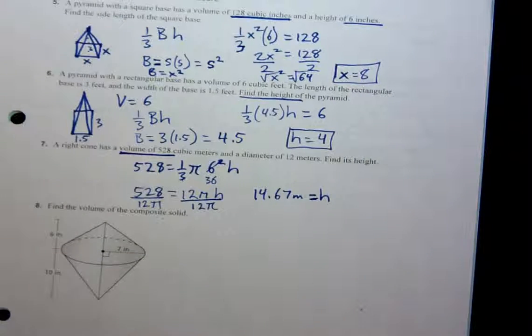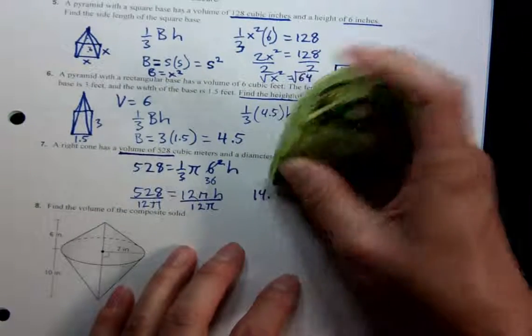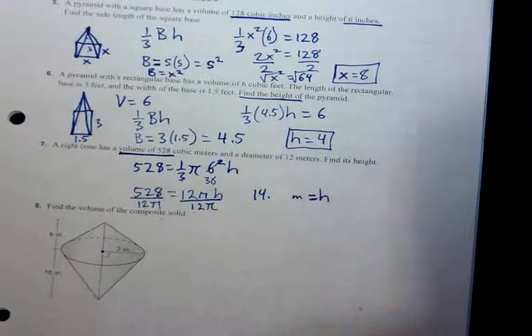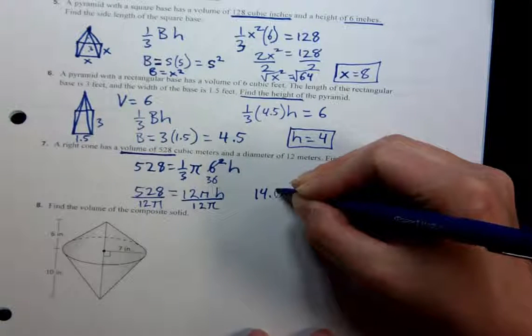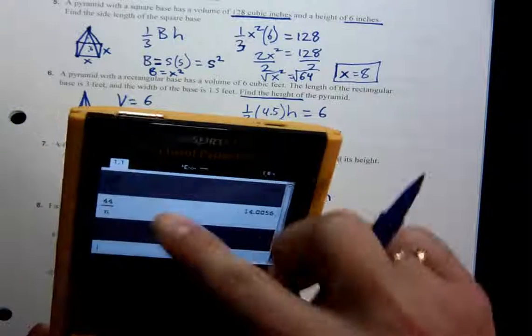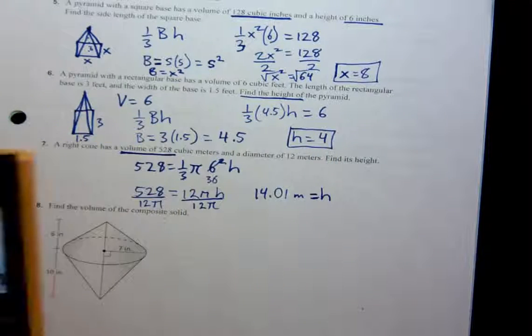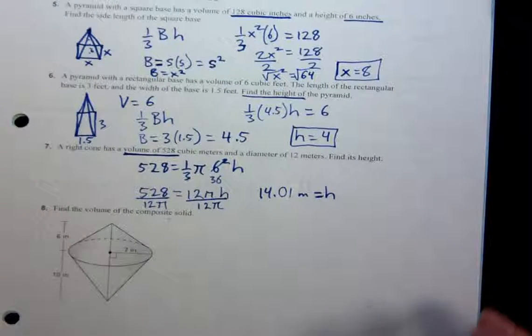Yeah, I got 14.01 too, so I don't know why my answer key says 0.67. As you're doing these in the calculator, just check to make sure what the calculator totaled is what you meant to enter, okay?